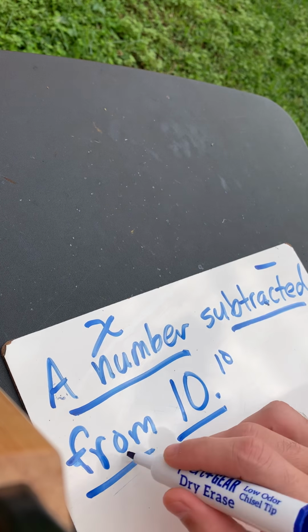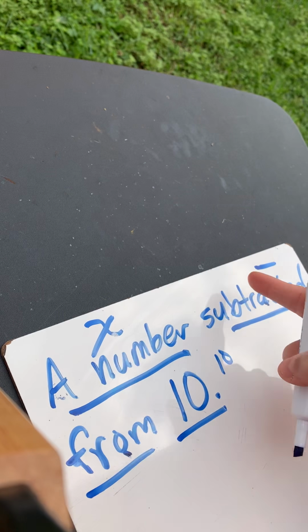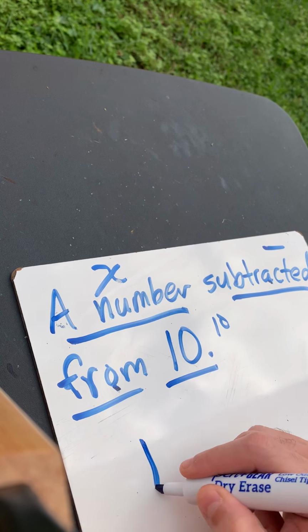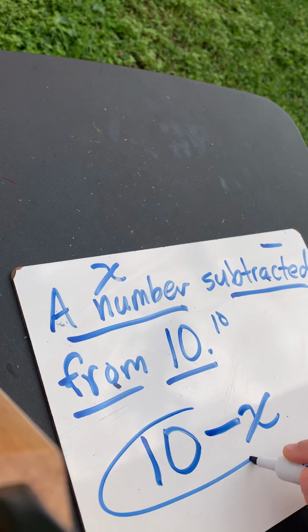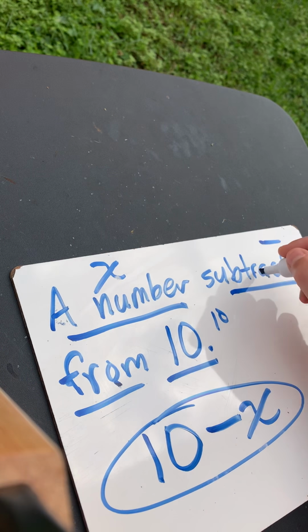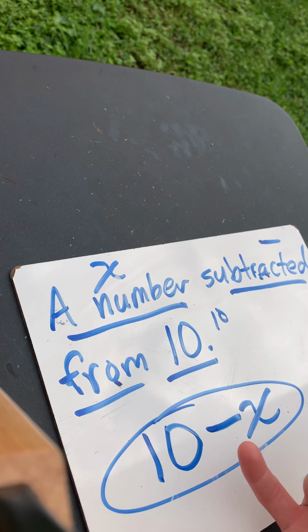Now subtracted from is an order changer, so the answer won't be x minus 10, it'd be the other way around. 10 minus x. Now it makes a big difference with subtraction, so make sure you know the order changers and don't forget to change the order.